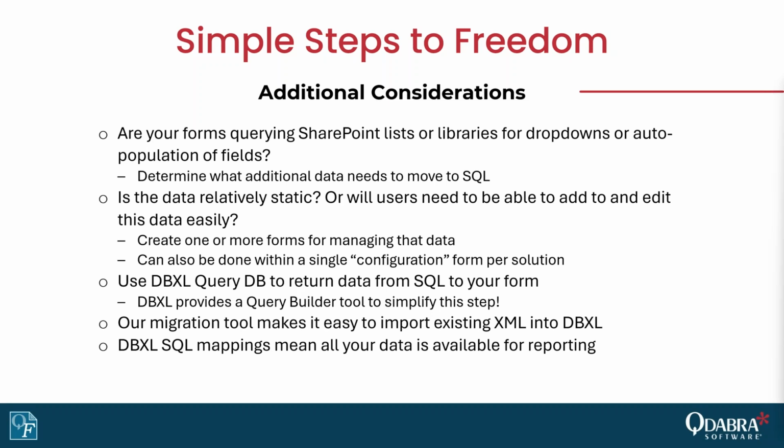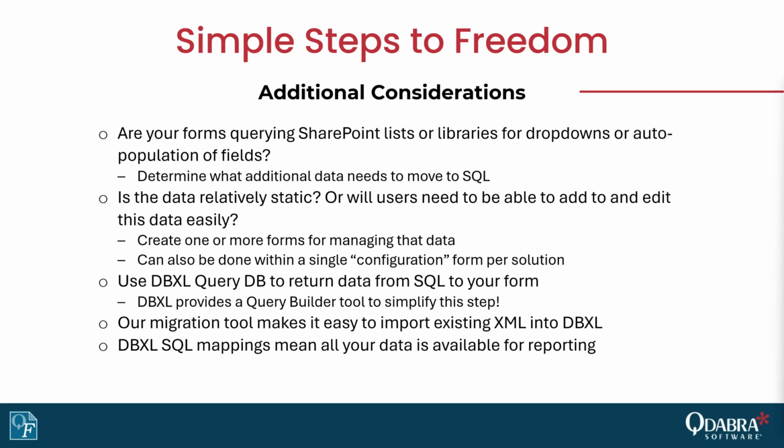So if you have been in a situation where you're querying a list of 5,000 items or whatever and bringing them all back to your form and then filtering your dropdown to only show the relevant ones, instead, you can use DBXL QueryDB and just query for the data you need. This really improves form performance. We have migration tools to make it easy to import existing XML into DBXL.